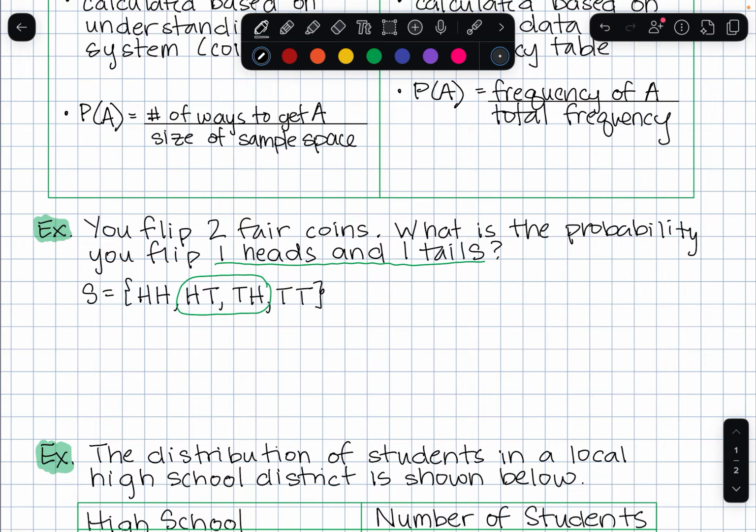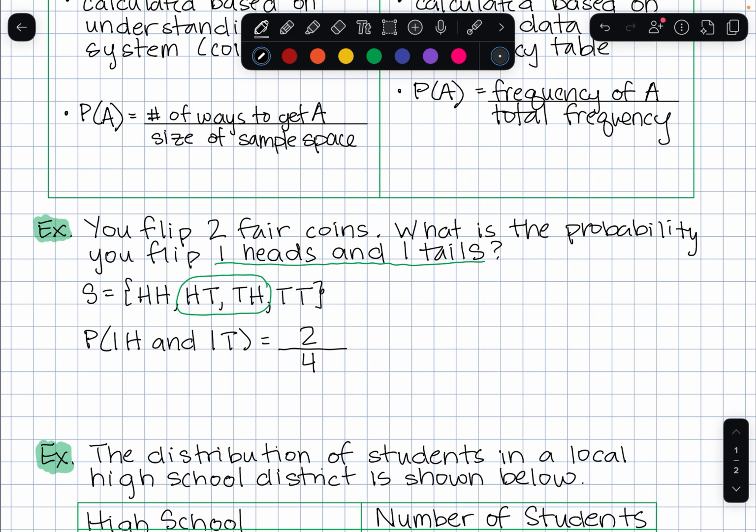So the probability of getting 1 head, 1 tail is the number of ways to get one head and one tail, and there's two outcomes that fall in that category, divided by the size of my sample space, and there's a total of 4 outcomes. When you report your answer, you can report it in 3 forms.